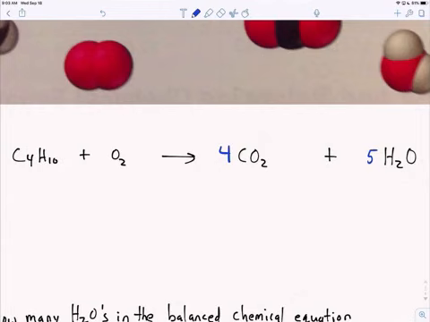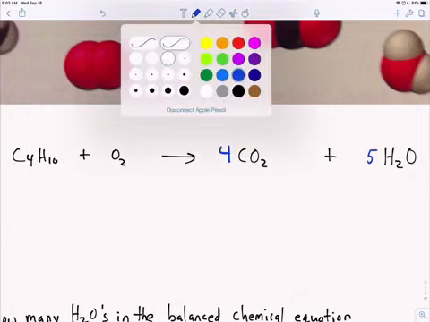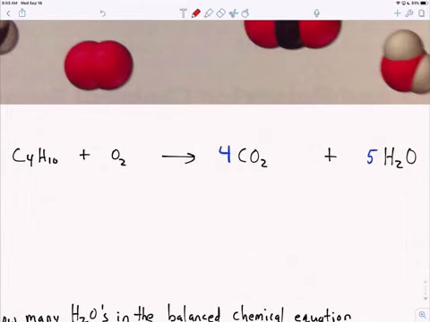So what I mean by this, how many oxygens do I have? So for oxygens, I'll change colors. I'll do it in red now. So here in carbon dioxide we have 4 times 2, or 8 oxygens. And with water we have 5 times 1, or 5 oxygens. This means we have 13 oxygens. So which means here we have 13 halves O2 molecules.